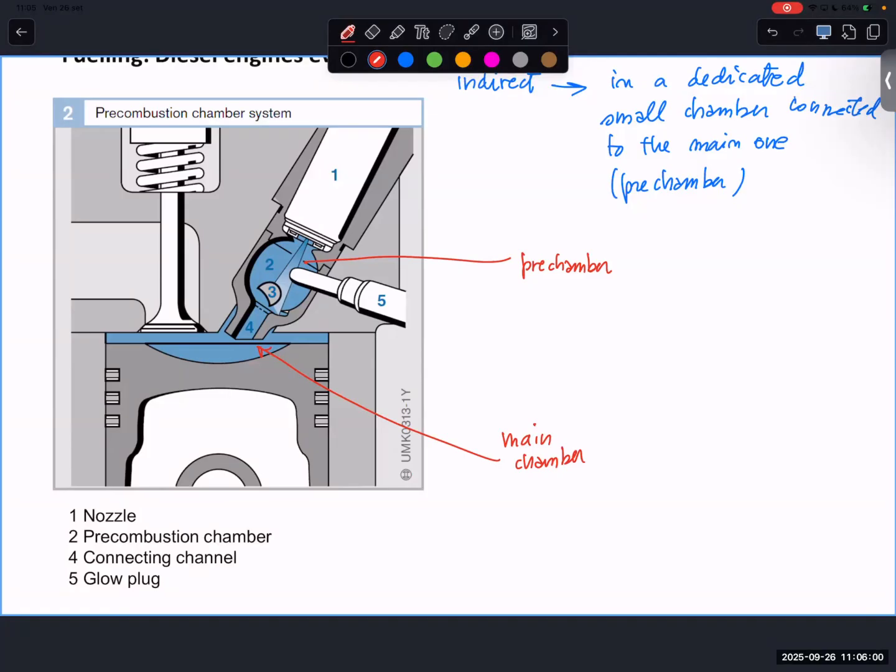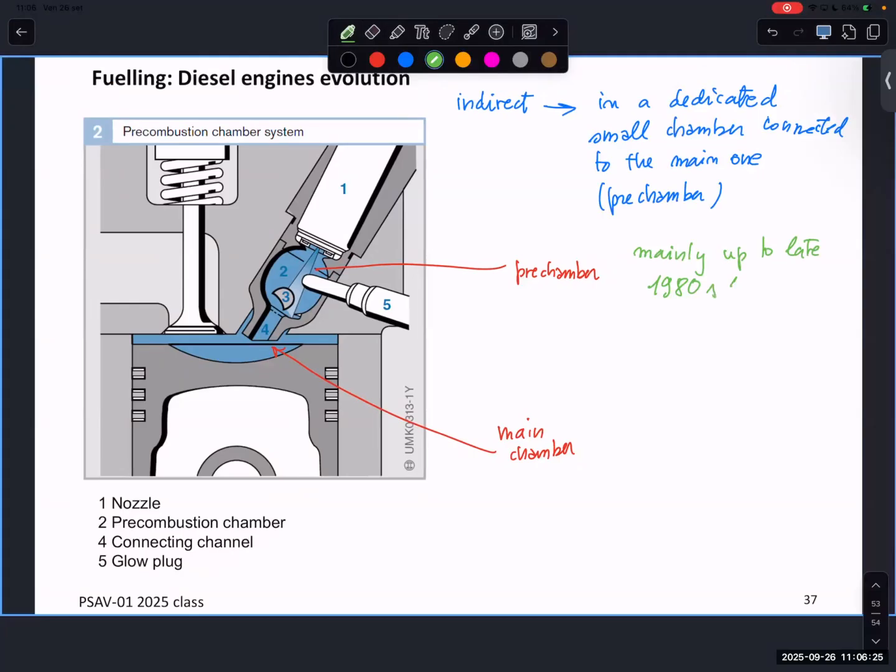This was generally used up to the late 80s of the last century, because the injection system was not good enough to inject the fuel directly into the chamber.